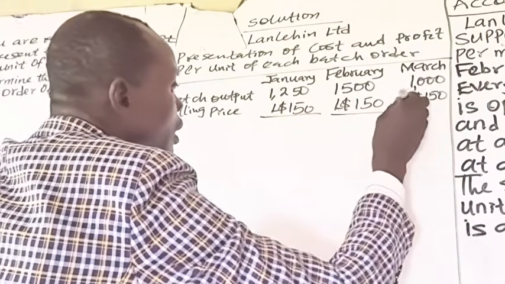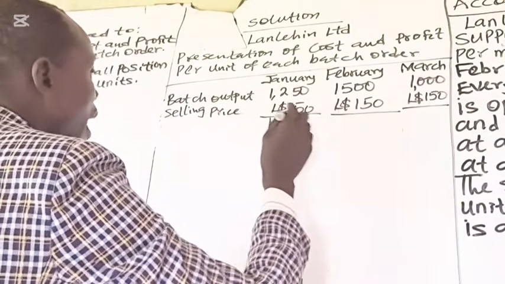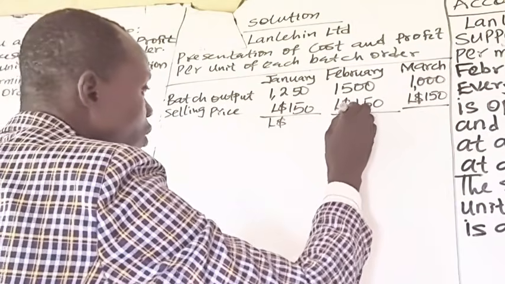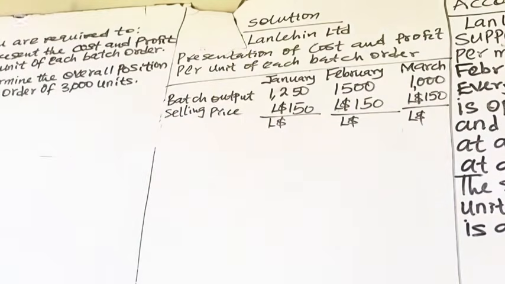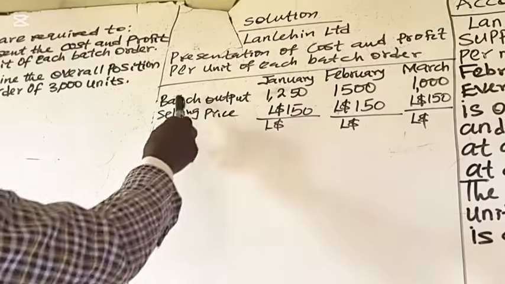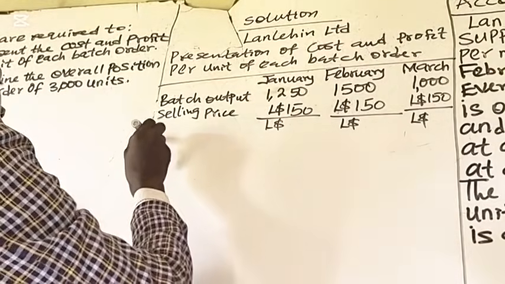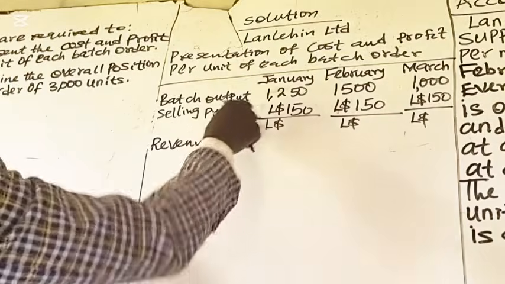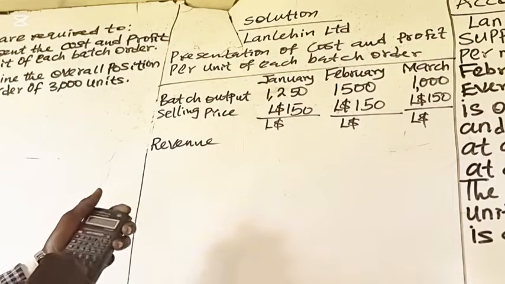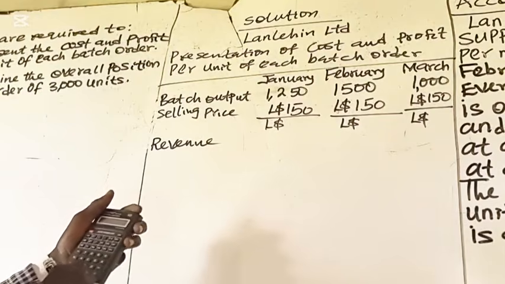So if you multiply the selling price by the batch output, then you get the total revenue. And all amounts or all figures are in Liberian dollar. If you multiply the batch output by the selling price, you will get the revenue or sales revenue. Revenue, that would be 1,250 times 150.